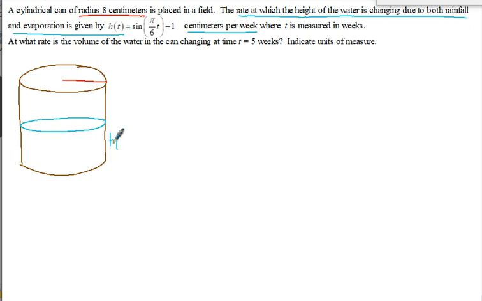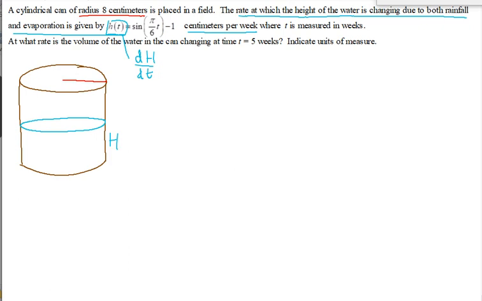Because if I call it lowercase h, then that's not correct, because this height here should just be in centimeters, not centimeters per week. So this lowercase h of t actually represents the derivative of this capital H height. So h of t is actually the same as dH/dt in this case. That's what they're really giving you, the rate of change of the height. Normally I would call this lowercase, but they already established lowercase h was the rate.